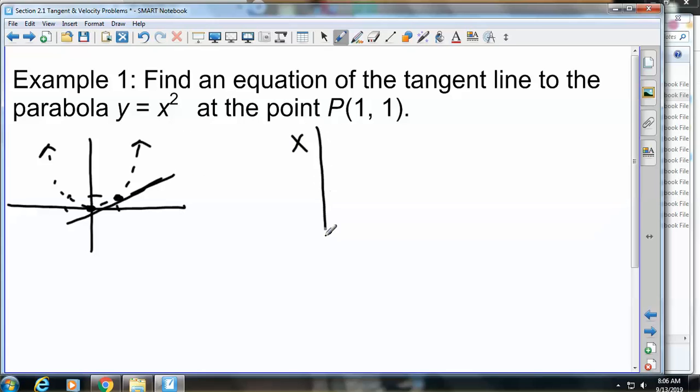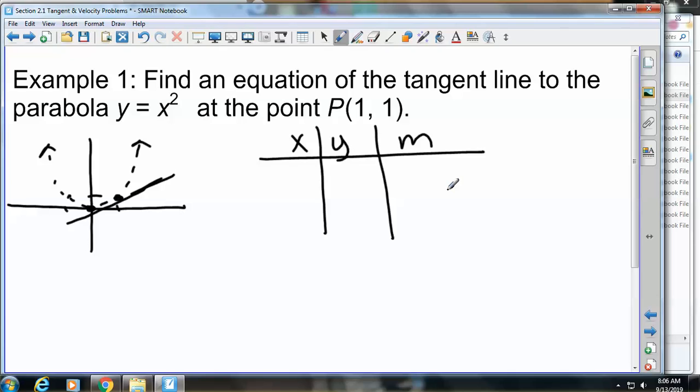So we are going to make a table of values here and see if we can predict. So we're going to do x, y, m. How many points do you need to find a slope? 2. So I have one point here.